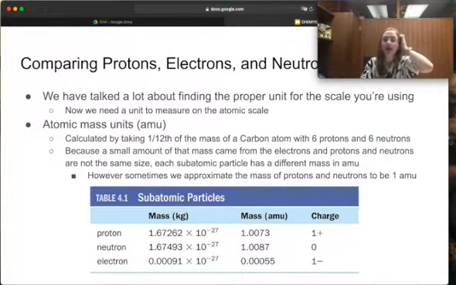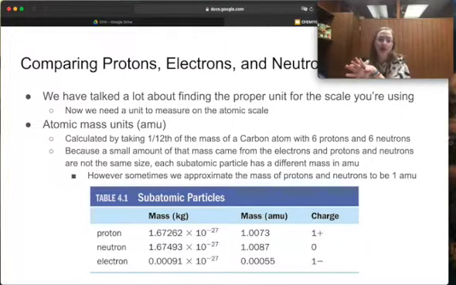So let's compare them just a little bit more. For the last couple of chapters, we've been talking about choosing a unit with an appropriate scale for what we're looking at. So now I'm going to start to introduce you to very small units that are going to be taking place on the atomic scale. On this very teeny tiny scale, that's where we're looking to put our units right now.